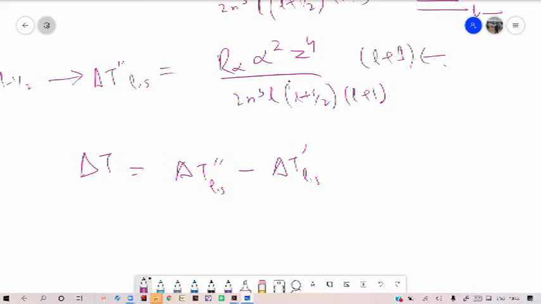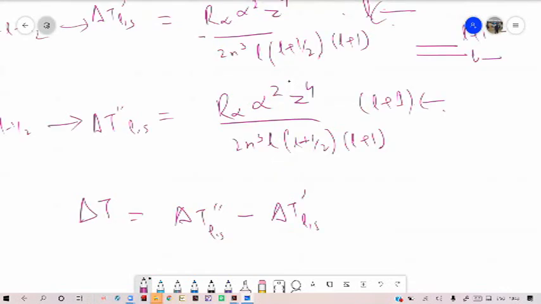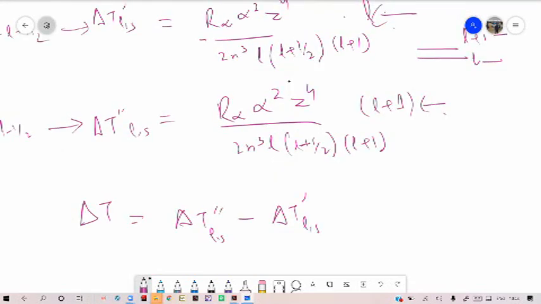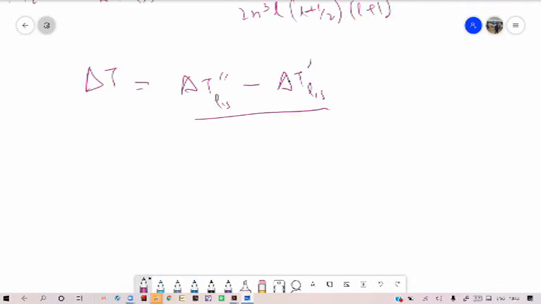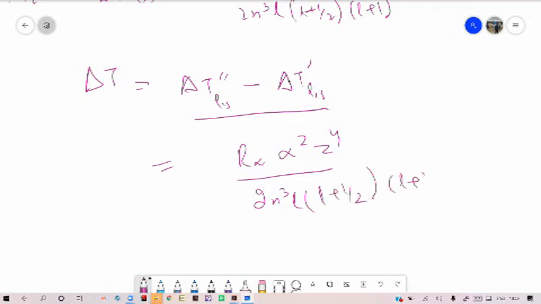This difference between the two levels, that is L and L plus 1, will be delta T double dash minus delta T dash, and it is equal to R infinity alpha square Z^4 divided by 2n cube, L into L plus half, L plus 1, there is 2L plus 1.